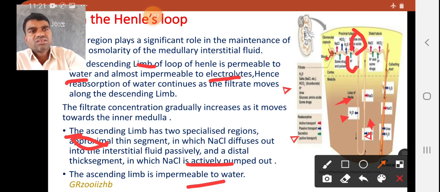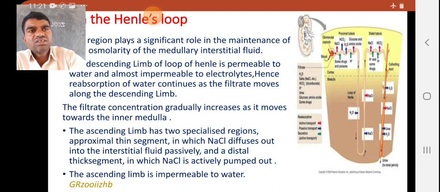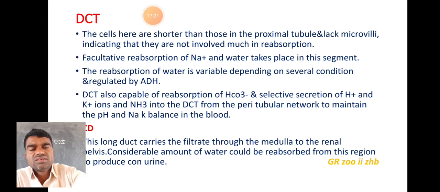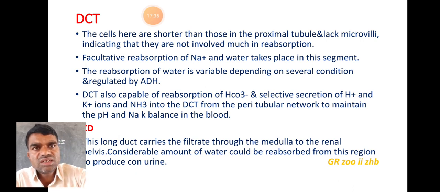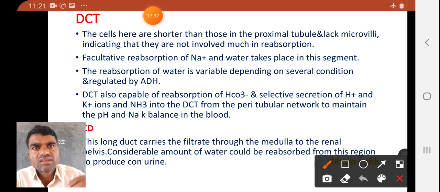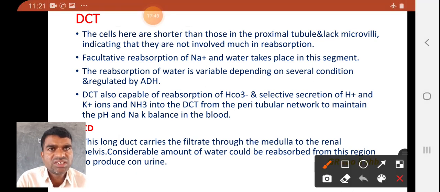Now, continuing, H2O molecules reach from the PCT to the DCT, the distal convoluted tubule. In the distal convoluted tubule, the cells are shorter than those in the proximal tubule and lack microvilli, indicating that they are not involved much in reabsorption.